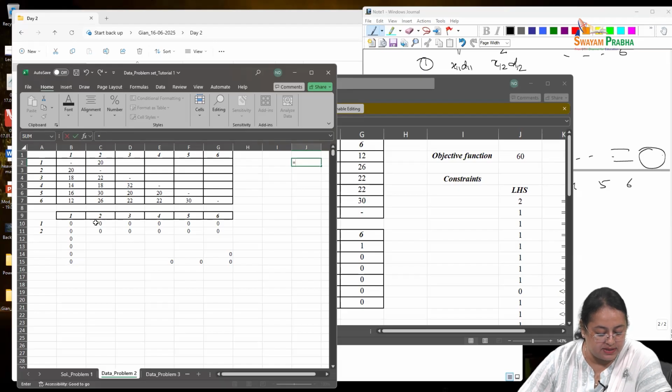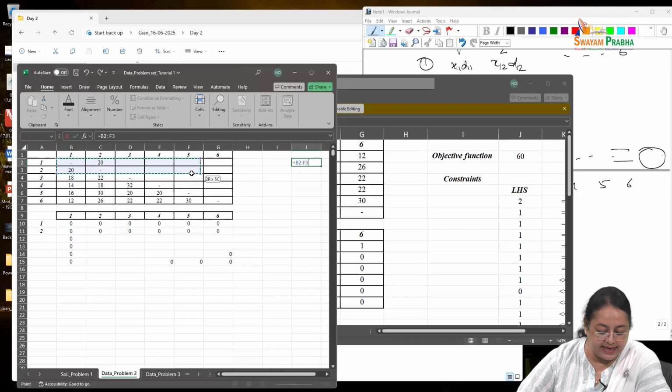Then next plus D12 multiplied by X12. Here, this cell is Dij and this cell is Xij. You just multiply this cell with this cell, plus the next, D21 multiplied by its corresponding X21.